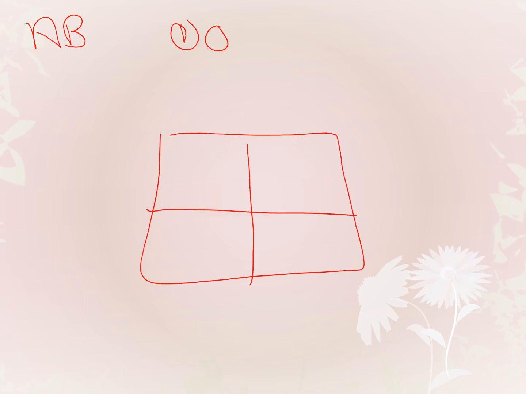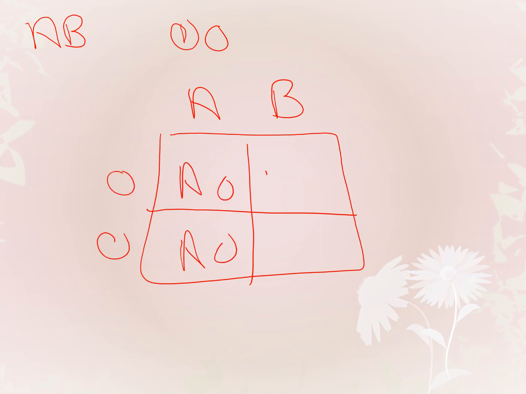We would draw our Punnett square: AB, 0, 0, A0, A0, B0, B0. So again, our genotypic ratio would be 2 to 2, 2 chances of having an A0 and 2 chances of having a B0. Our phenotypic ratio would also be 2 to 2, 2 chances of having a child with A blood and 2 chances of having a child with B blood.